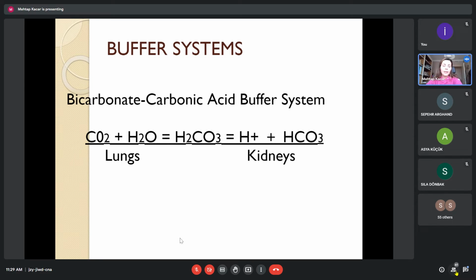In lungs, carbon dioxide and water enter a reaction and we produce carbonic acid, and later in kidneys, carbonic acid, a weak acid, dissociates hydrogen ion and bicarbonate. We excrete hydrogen ion and we reabsorb bicarbonate ion.